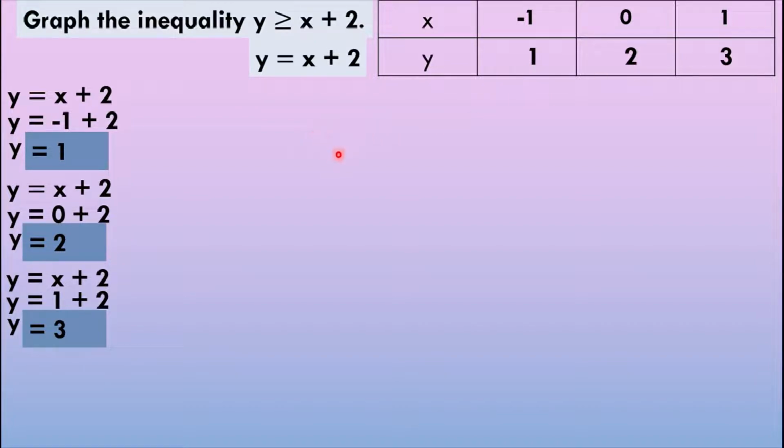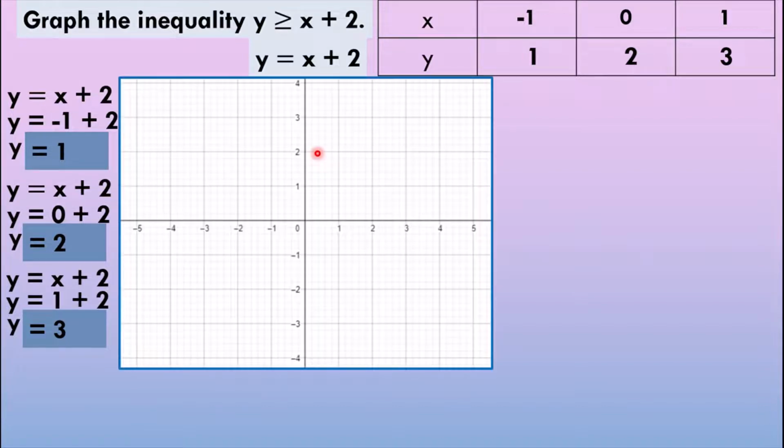Now, we can graph the inequality in the Cartesian plane. So, plot the points. X is negative 1. So, x is the horizontal line. Ang ating x-axis, ito yung ating horizontal line. Y-axis, vertical line. So, x is negative 1, dito makita yung negative 1. Then, y is positive 1.